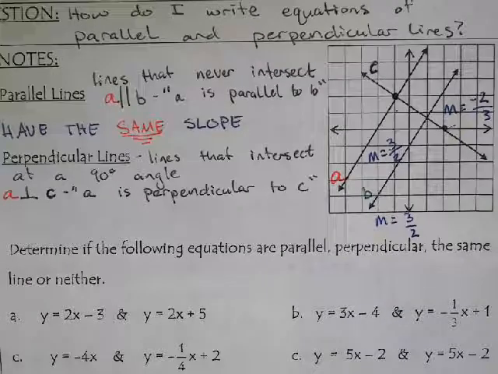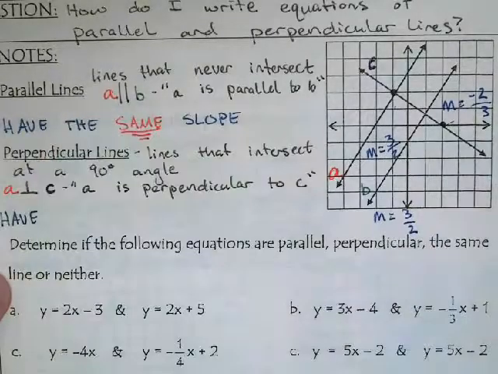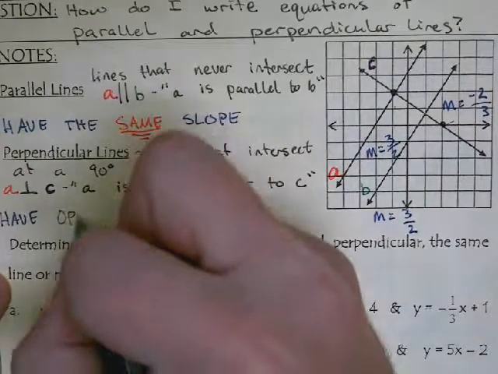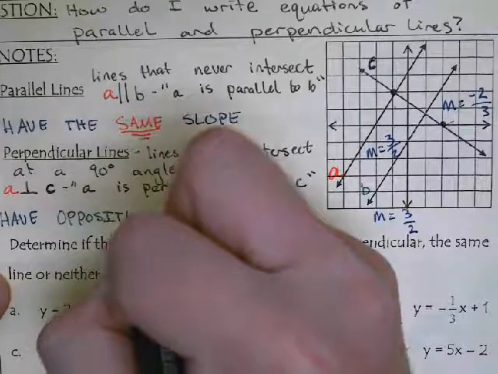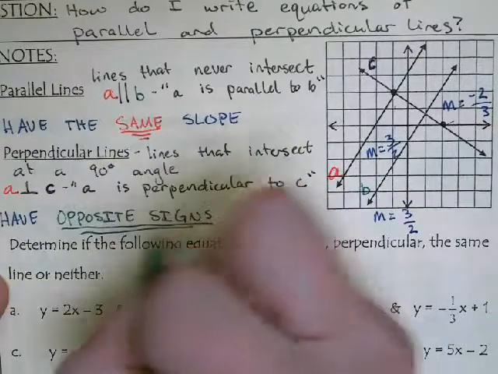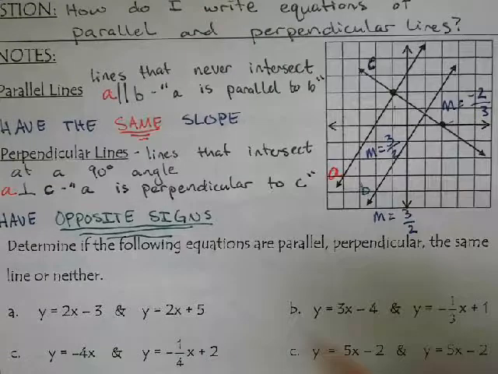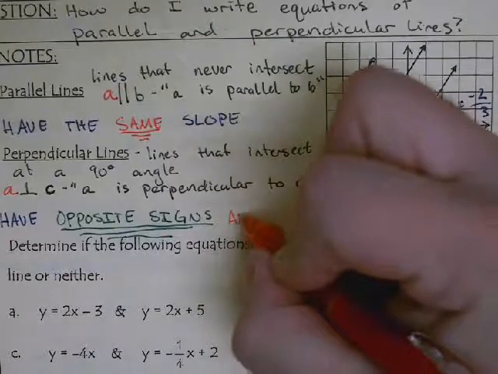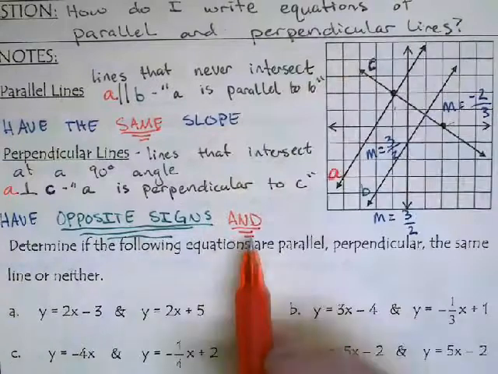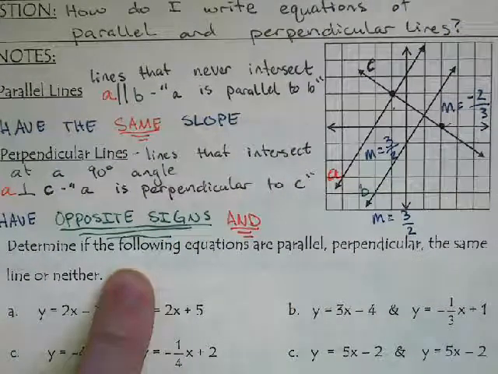Well, they have opposite signs. And I cannot stress this word "and" enough, because "and" means both of these parts must be true. So opposite signs and reciprocals.